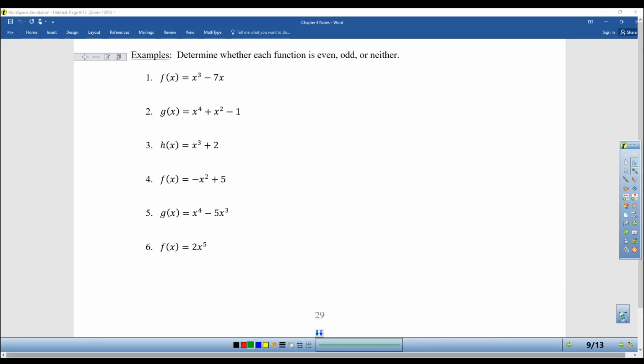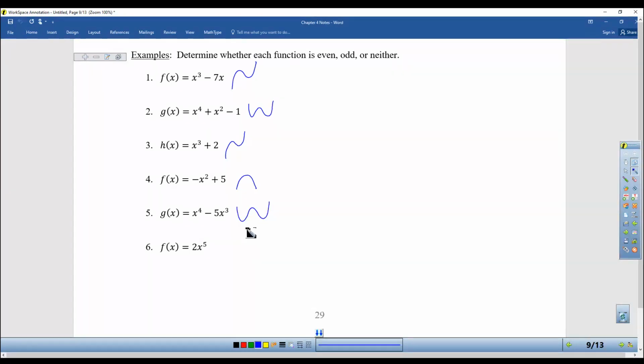Okay. Determine whether each function is even, odd, or neither. So first of all, let's just run through all their shapes. This one is cubic, ending up. This one is quartic, also ending up. Cubic, ending up. A parabola going down.